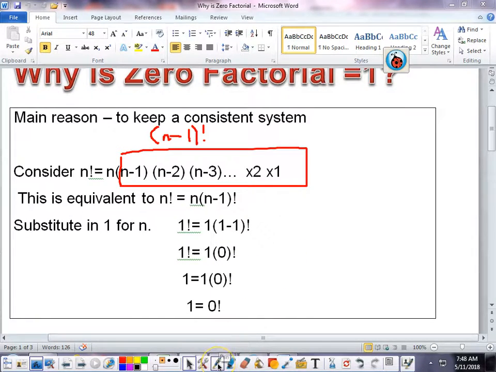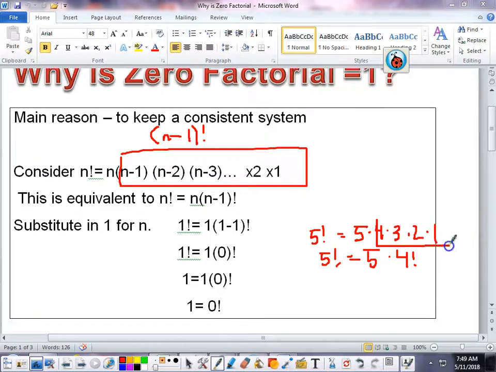For example, let's say that I had 5 factorial. I could say that that was 5 times what? Times 3 times 2 times 1. You can also say that it's 5 times 4 factorial, because what's this? 4 factorial.